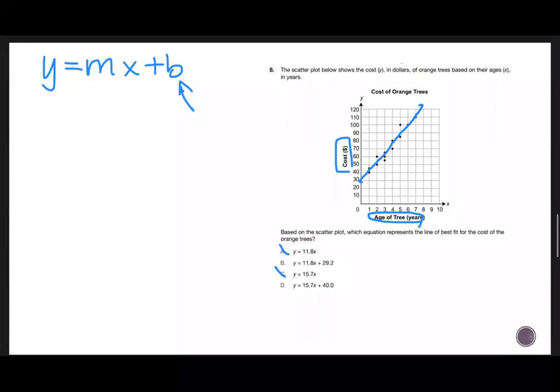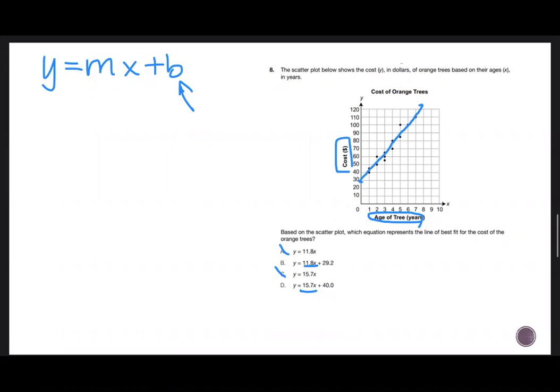We could pick that option, but we want to double check and make sure that we are correct. We can double check by using the slope and figuring out, is it 11.8 or is it 15.7?